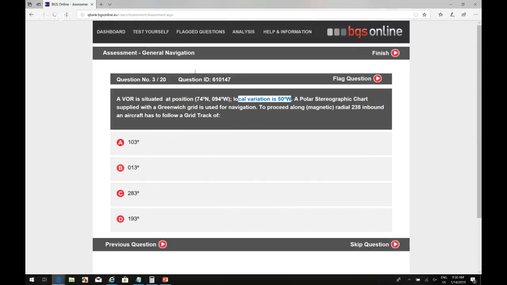An aircraft has to follow a grid track of, so 94 plus 180 is 174, isn't it? No, sorry, 274. Hold on, let me calculate on the calculator. 94 plus 180, 274, yeah.